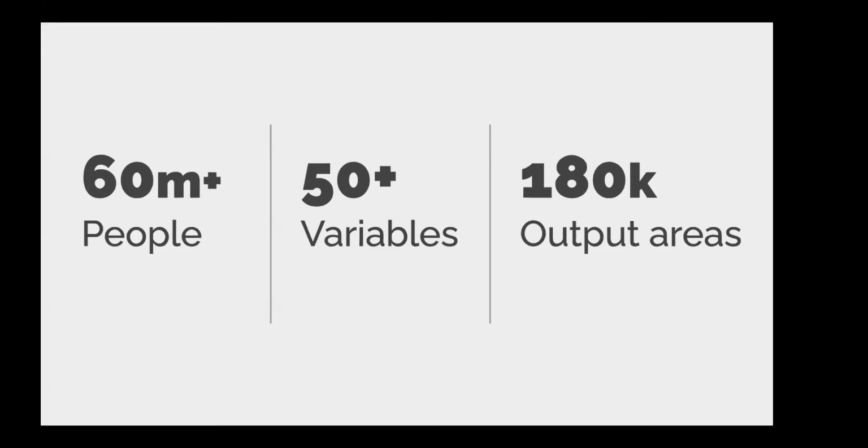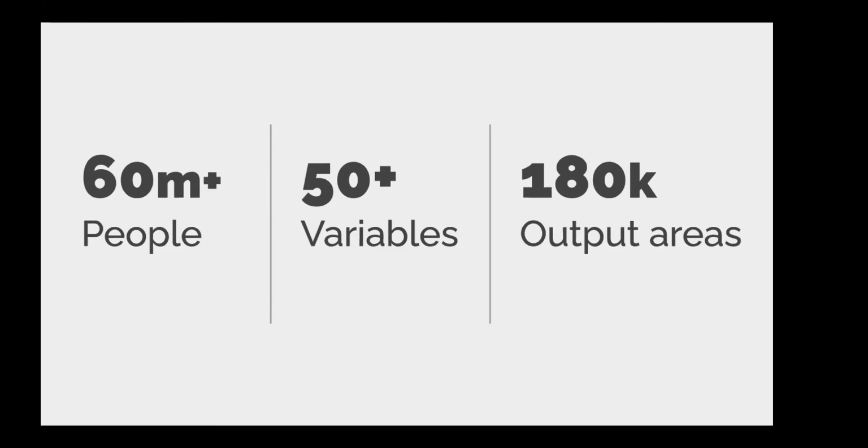And just to say what kind of variables they are, obviously the number of people. We're talking age, sex, ethnicity, employment, whether people are in employment, self-employed, unemployed, housing tenure, like what kind of housing people are living in, whether they're renting or own it, all kinds of variables that can be cross-tabulated in a way that's just not possible with the normal kind of surveys you get the rest of the time.